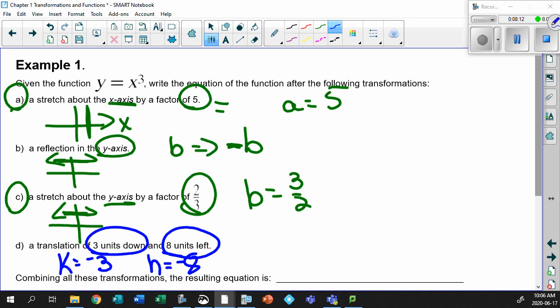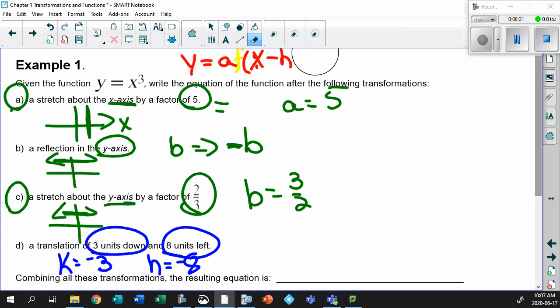Okay. Let's throw this all into that original formula, which was this. y equals a, x minus h. Oops, minus goes the other way. Here we go. x minus h, all cubed, right? There's my function.